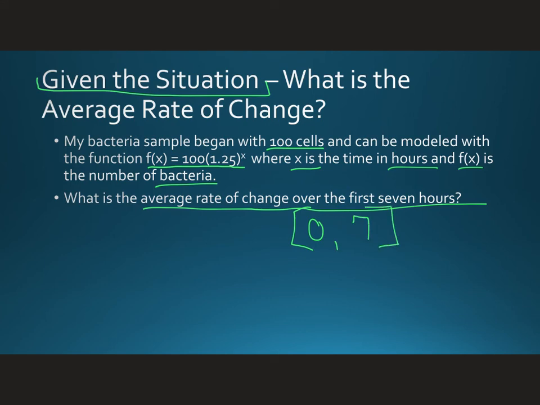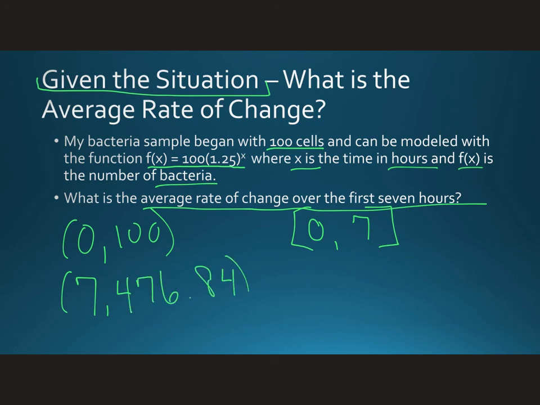So if I put in 0 into my function, my points are (0, 100) and (7, ...). I'm just going to put this into my calculator. 100 times 1.25 raised to the 7th power. And I get 476.84.